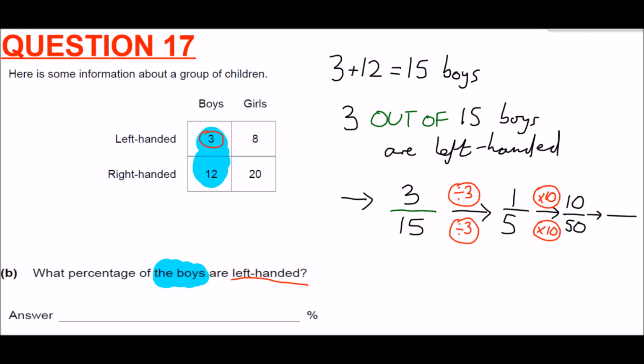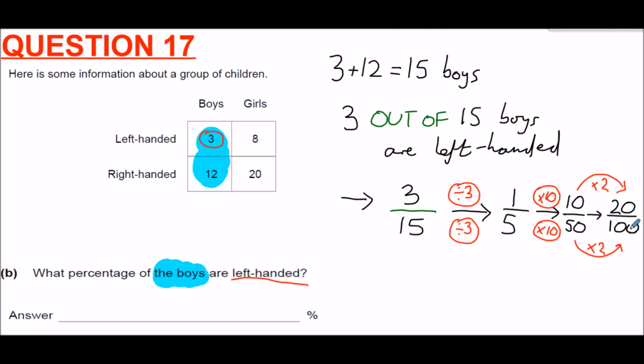And then once our bottom number is 50, we can easily get 50 to become 100 by just multiplying by 2. So then finally, if we multiply both top and bottom by 2, 10 times 2 is 20, and 50 times 2 is 100.